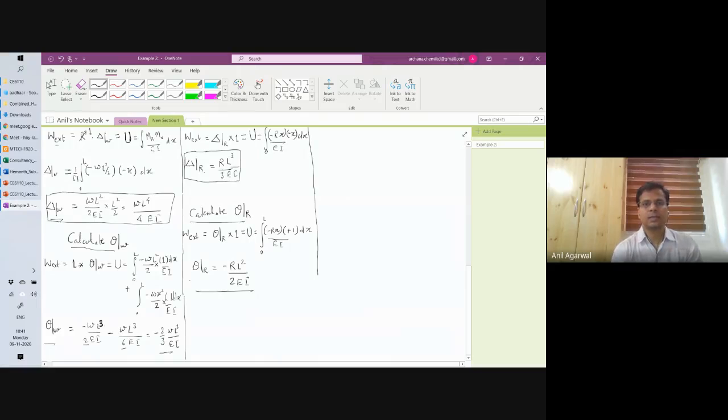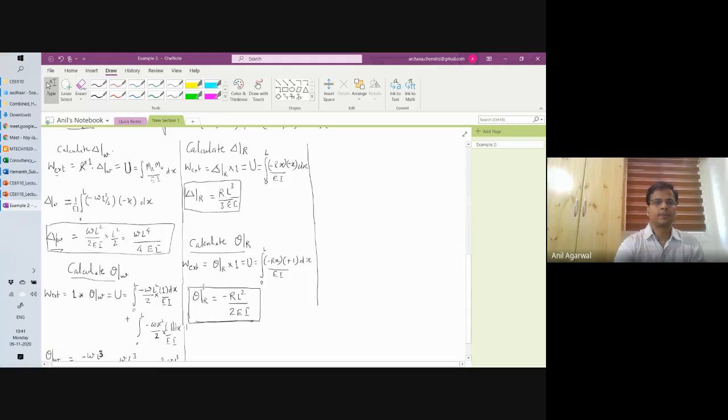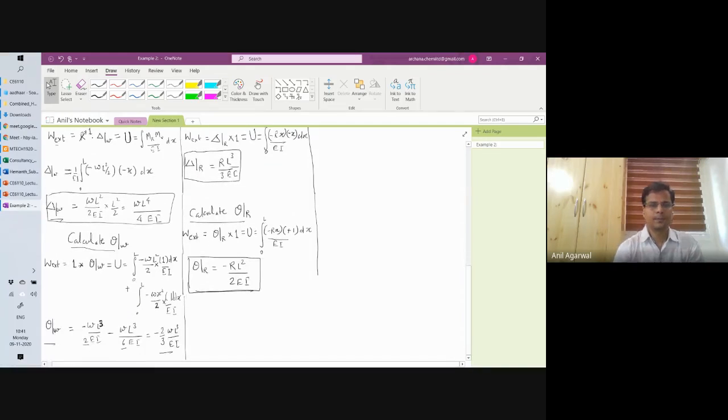So what are this delta R and theta R values that I've just calculated? You remember in the flexibility method, what are these terms called? Delta R and theta R. Or if I just substitute R is equal to 1, then what will these be called? If R was 1. Flexibility, yeah. So these are flexibility matrix terms.